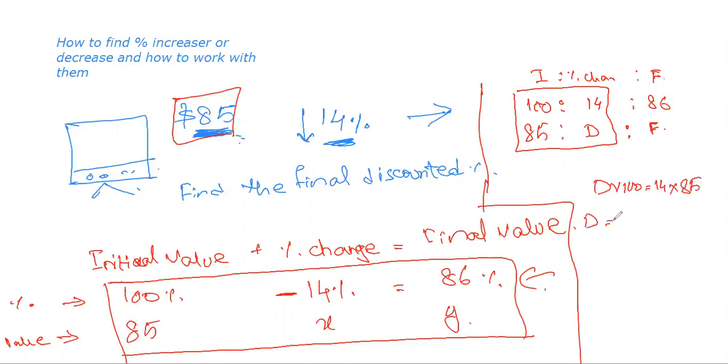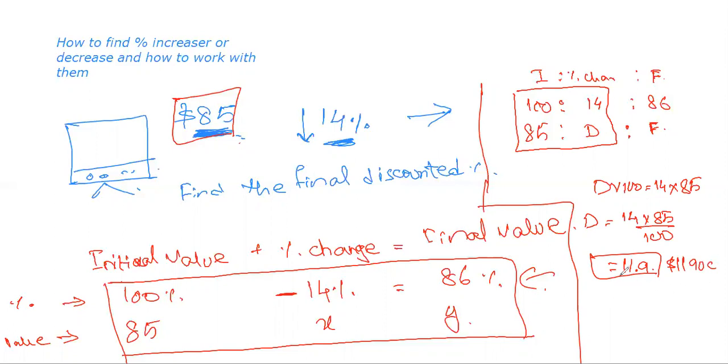So my discount would be 14 times 85 divided by 100, which is 11.9, right? So the store is giving a discount of $11.90, right?